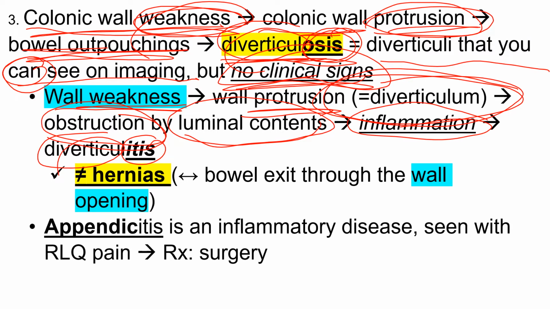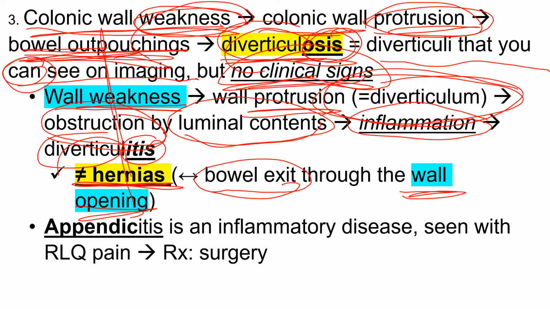Now, do not confuse diverticulitis with hernias, because hernias are bowel exits through a wall opening. In diverticulosis and diverticulitis, there is no wall opening. There is just a bowel outpouching, okay?